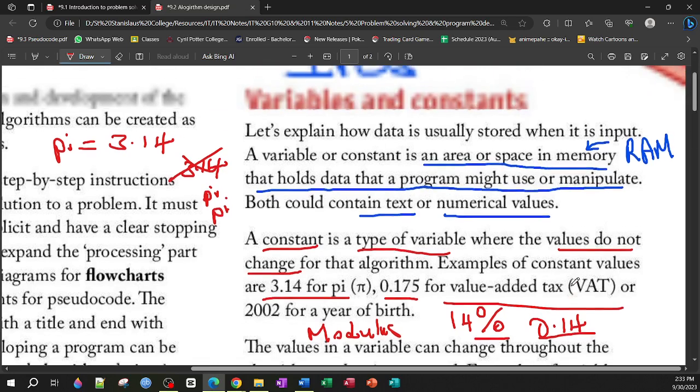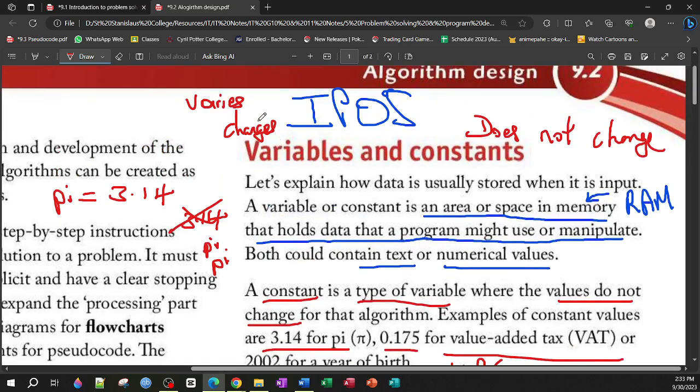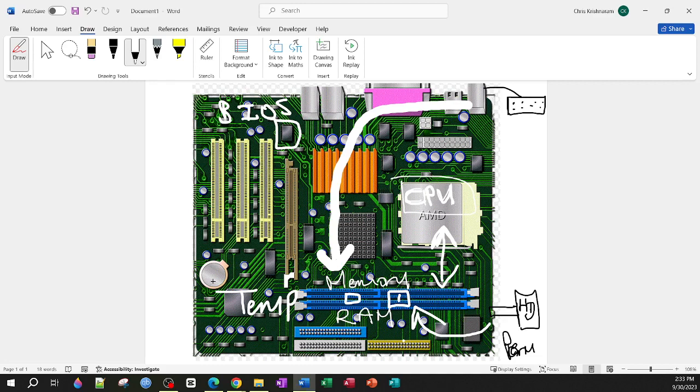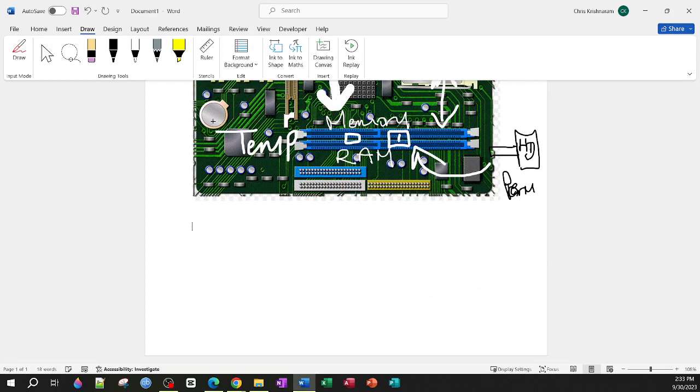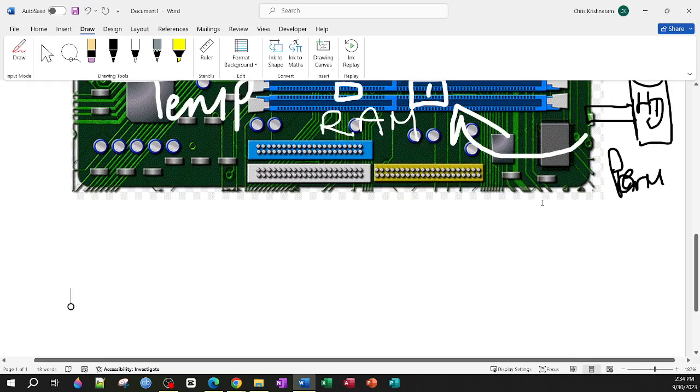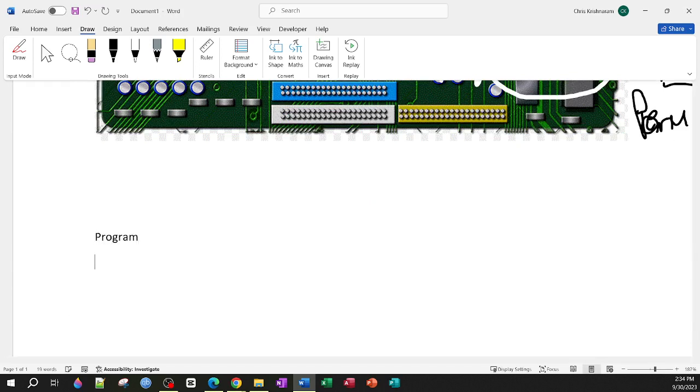Whereas a variable, as we said, it changes, it varies. So for instance, we don't want it to keep that value. So for instance, say we have a program, and we say discount is equal to 5%, 0.05. So I'm giving you an example there of a constant.